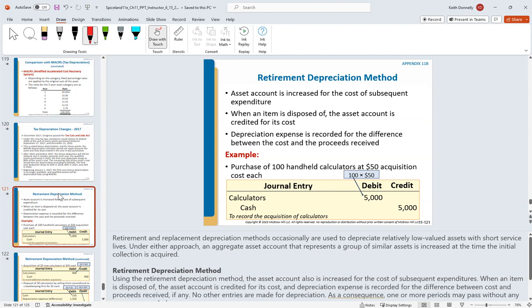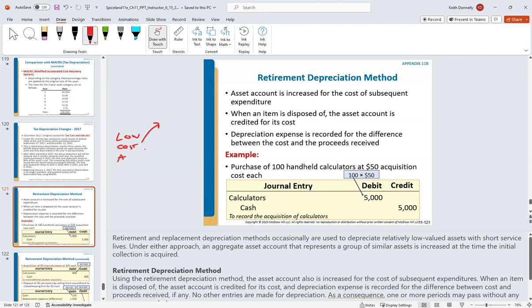And then finally here, they talk a little bit about retirement and replacement depreciation methods, right? So what's going on here? We usually would use these whenever there's a relatively low cost asset, like a calculator for 50 bucks.